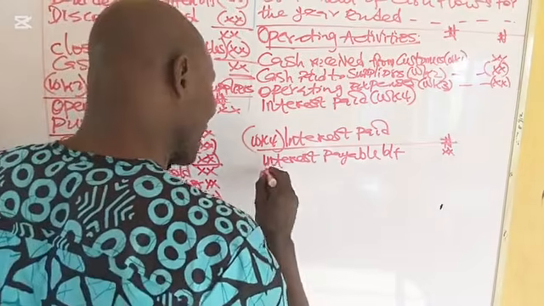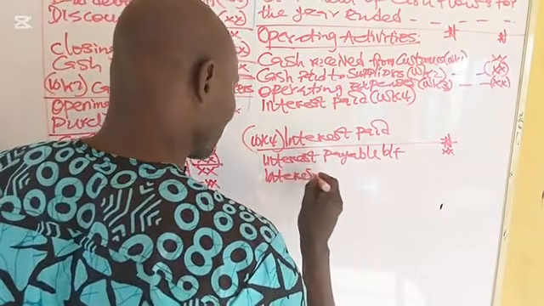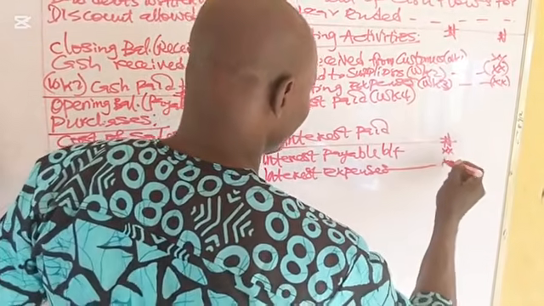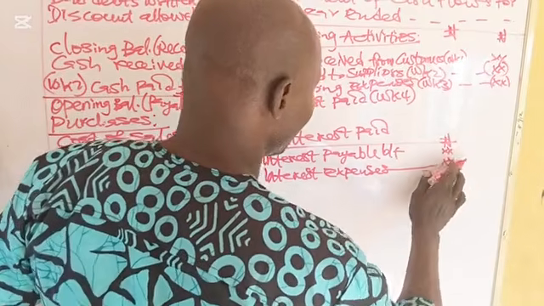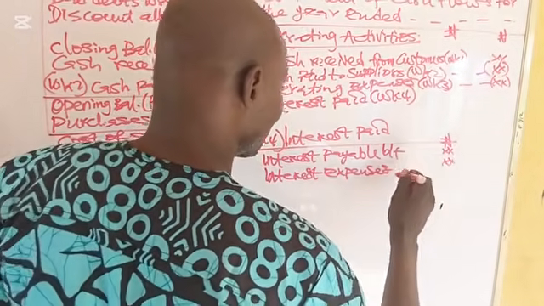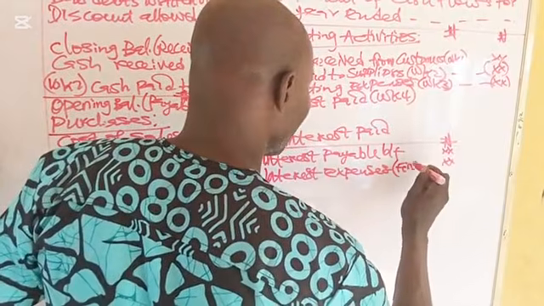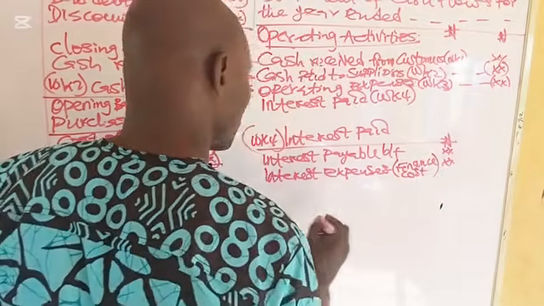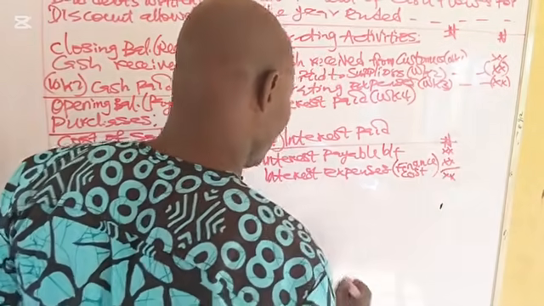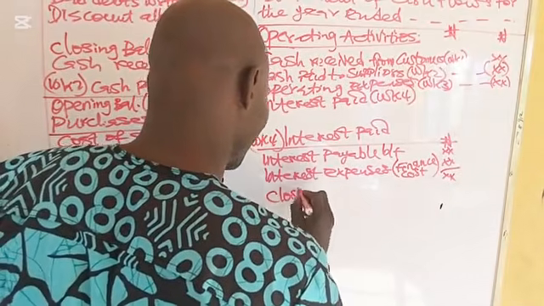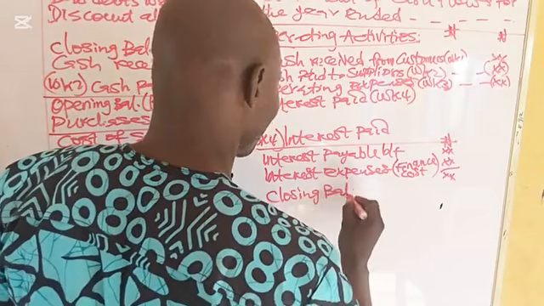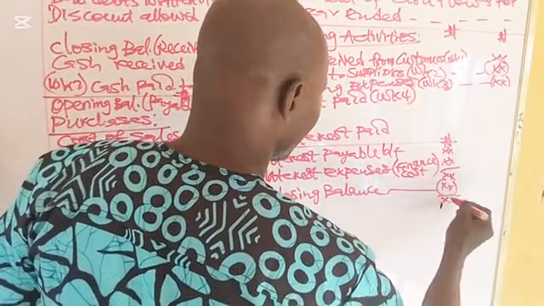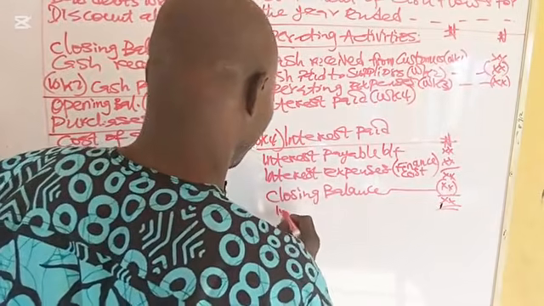Then the interest expense, the one charged as an expense in the statement of profit or loss, which is a finance cost. Then the sum of this, you now subtract your closing balance. Closing balance. That gives interest paid.